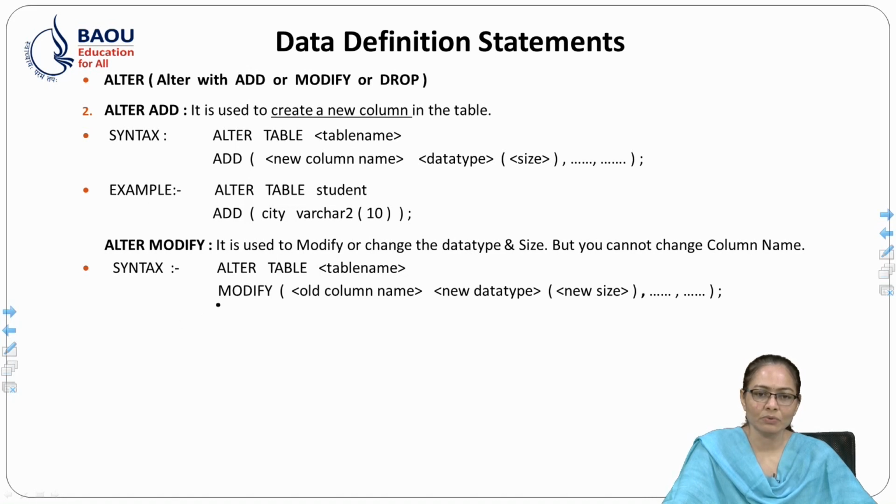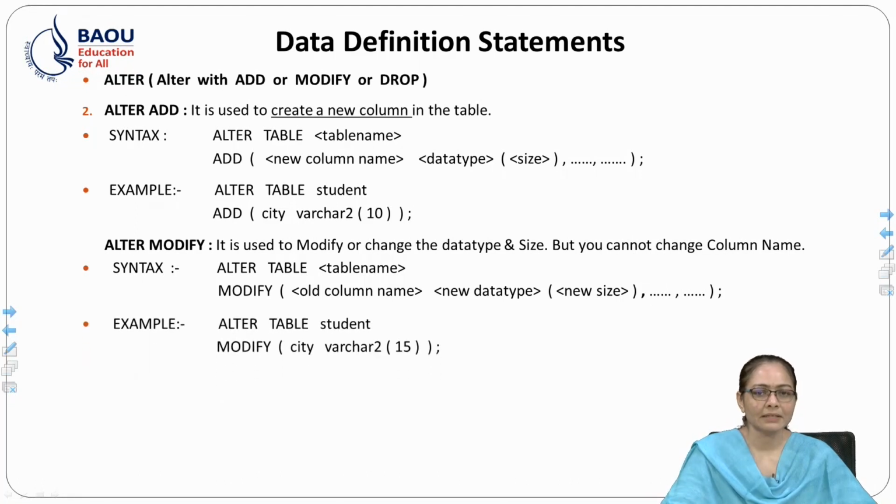Now in the bracket, the old column name, then new data type and new size. For example, alter table student. We want to change the size of the city column from 10 to 15. So alter table student, then modify, in the bracket city varchar2 and then 15, then bracket closed and semicolon.